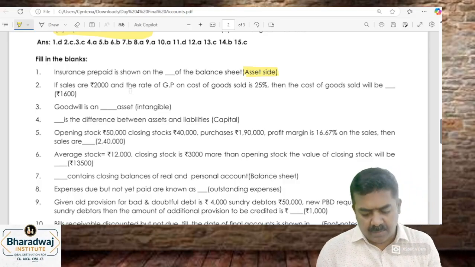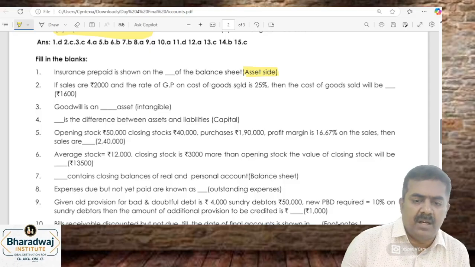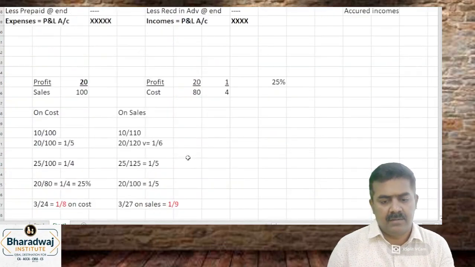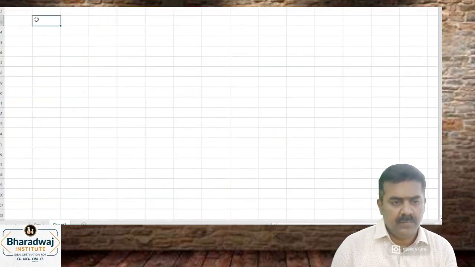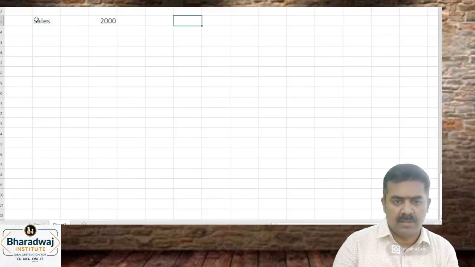If sales are 2000 and gross profit on cost is 25%, then cost of goods sold will be? Let me work it out. What are the sales given? 2000.